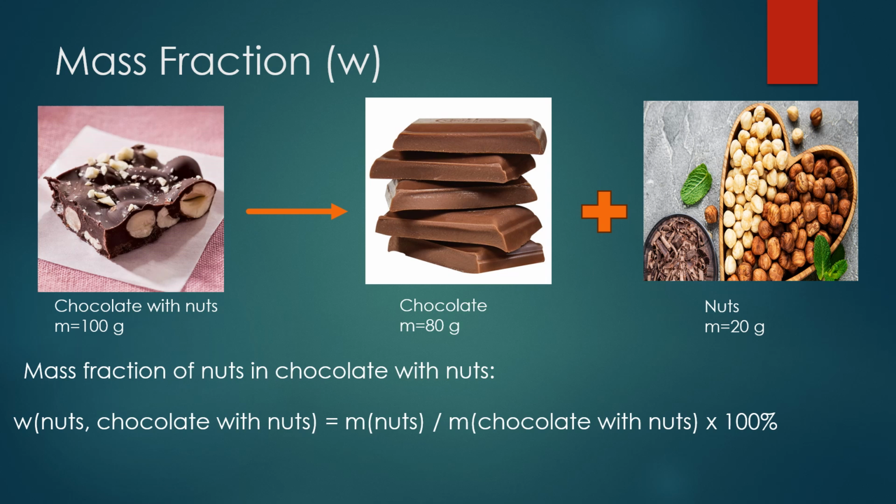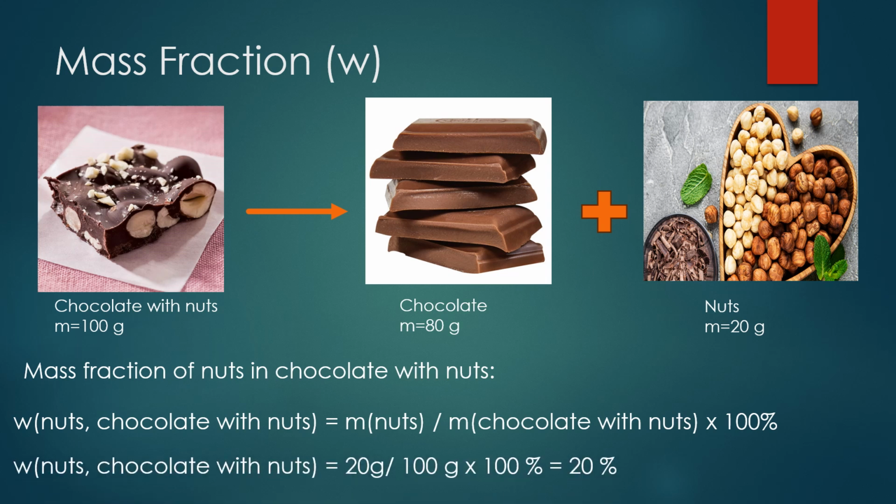In our case, nuts 20 grams divided by chocolate with nuts 100 grams. So 20 divided by 100 is 0.2, times 100% gives us 20%. So in this case, the mass fraction of nuts will be 20% in this chocolate with nuts.